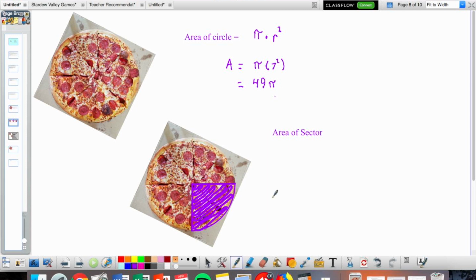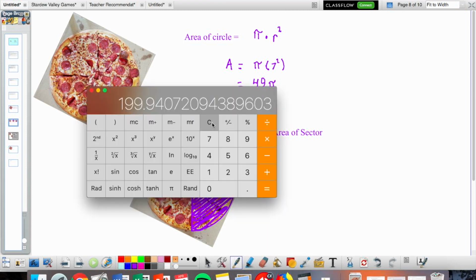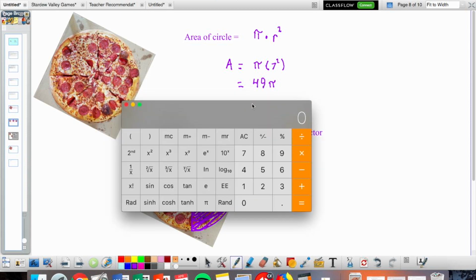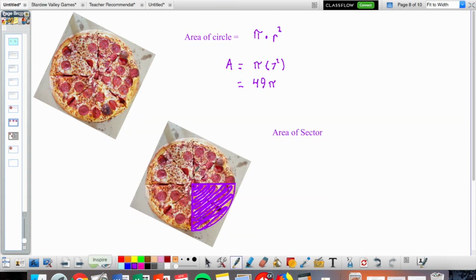But if you're asked to round, plug in pi into your calculator at the very end. So 49 times pi, which is, I'll round to 2 decimal places, it's about 153.94.